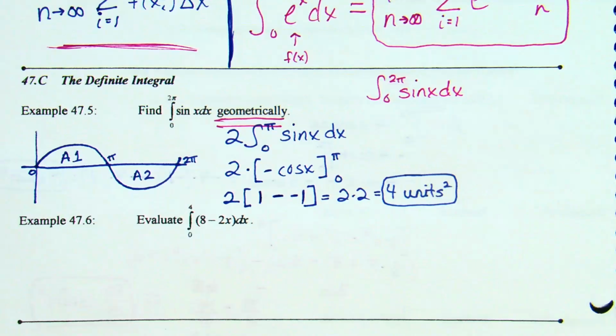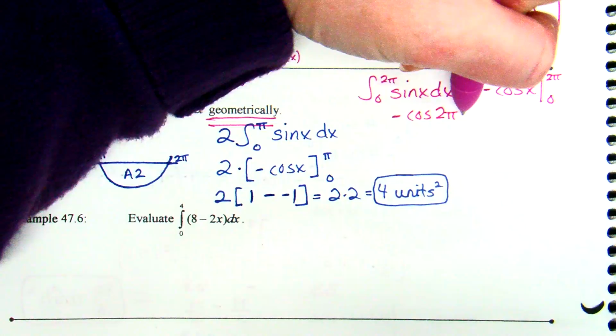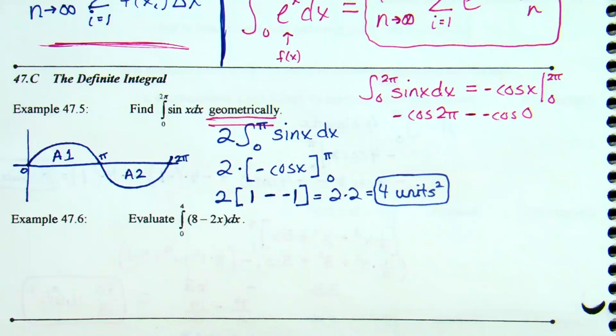Okay. The integral from 0 to 2 pi of sine x dx. Well, what is the integral of sine x? We already talked about that. Negative cosine x, evaluated from 0 to 2 pi. So the negative cosine of 2 pi minus the negative cosine of 0.